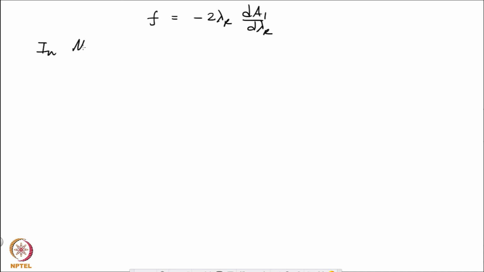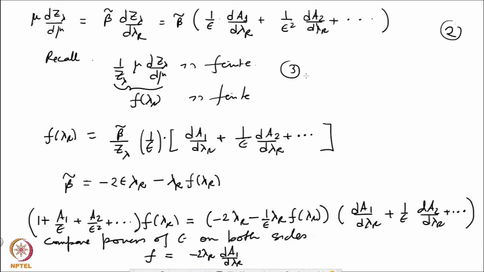So in the MS scheme or MS bar also, we get beta tilde is equal to minus 2 epsilon lambda r minus lambda r times this factor f, minus 2 lambda r. Check.